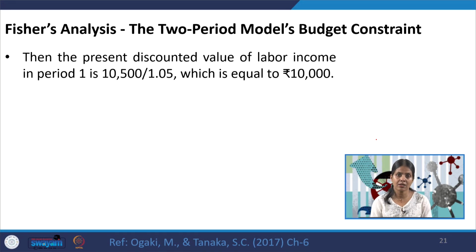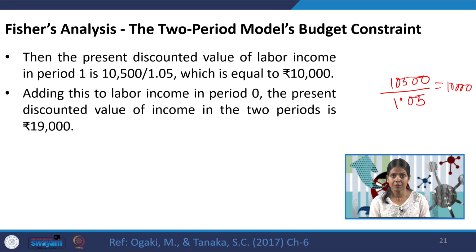Then the present discounted value of labor income in period 1 is 10,500 divided by 1 plus 0.05, which is 1.05, that will be equal to 10,000. Adding this to the labor income in period 0, the present discounted value of income in 2 periods is 10,000 plus 9,000 makes it 19,000. Otherwise, if we do not go for present discounted value, then this would be 19,500.